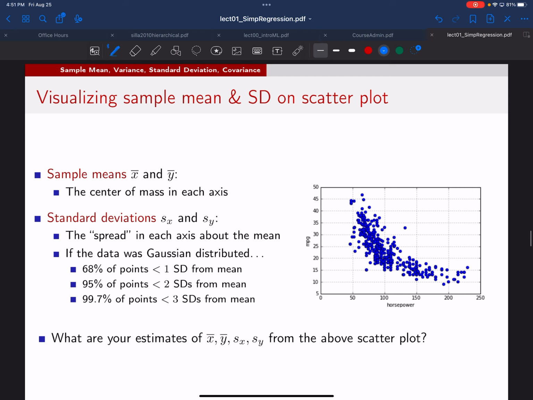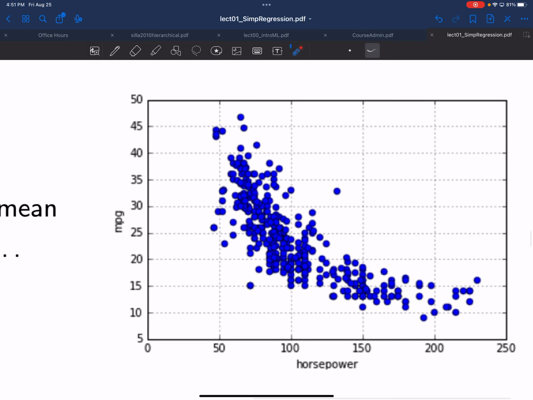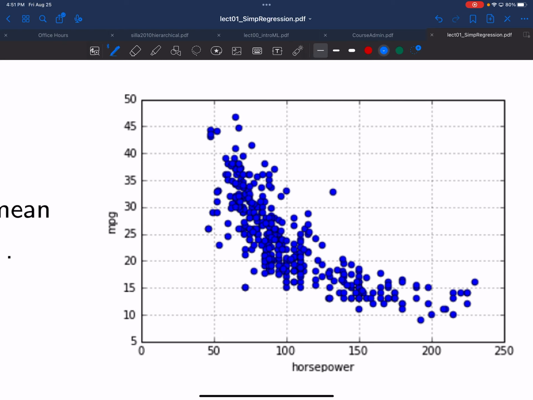Okay, so here's our data for horsepower versus miles per gallon. In this case, the sample mean of X, what would you guess if you just had to take a guess? Remember, X is this way, Y is this way.